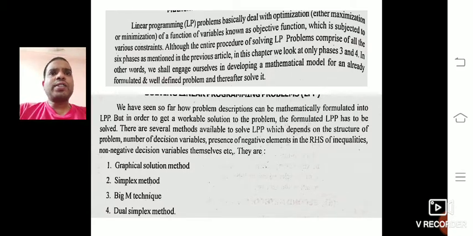Here you can solve the LPP problem by using these four methods. The first one is the graphical solution method, the second one is the simplex method, the third one is the big M technique, and the fourth one is the dual simplex method.